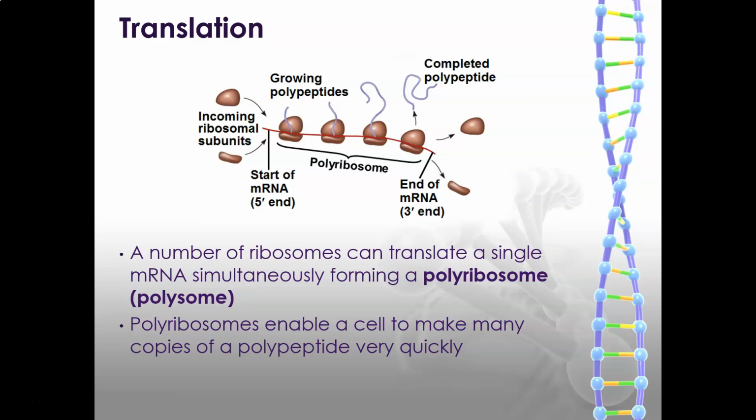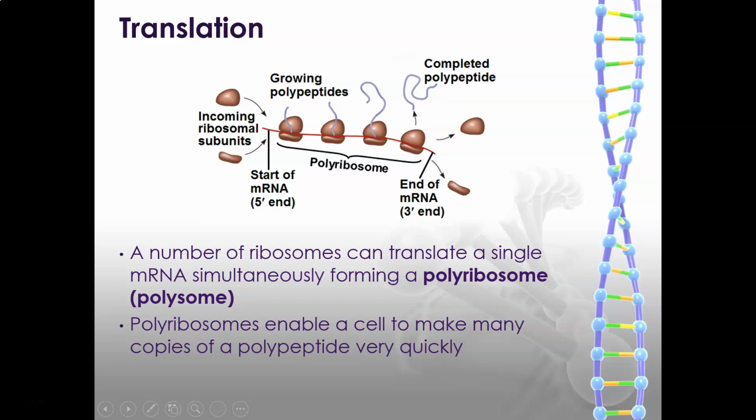Cool thing about translation is that we can actually attach numerous ribosomes to the same messenger RNA. So once we've built that initial initiation complex onto that messenger RNA and we start going through elongation and reading it, we can then add another ribosome onto that messenger RNA and keep the process going.